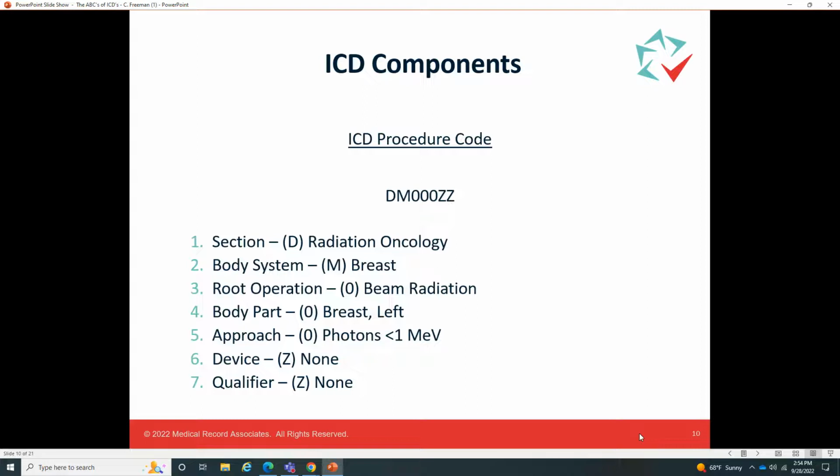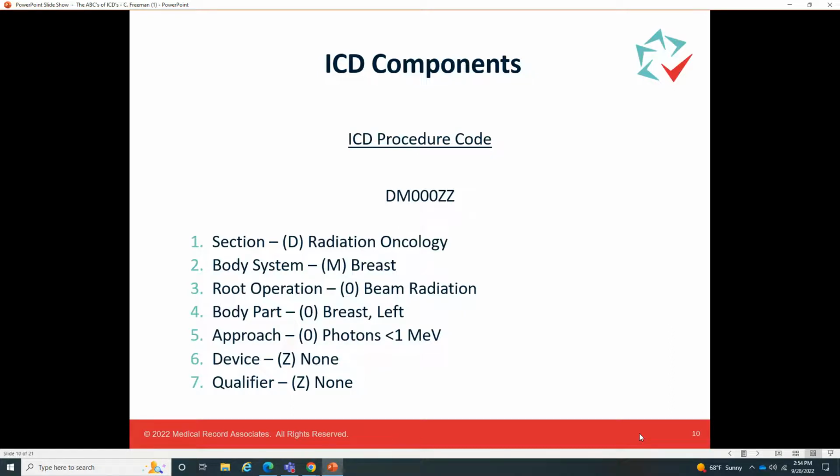An example of a procedure code, DM000ZZ. Section 1, D, radiation oncology.